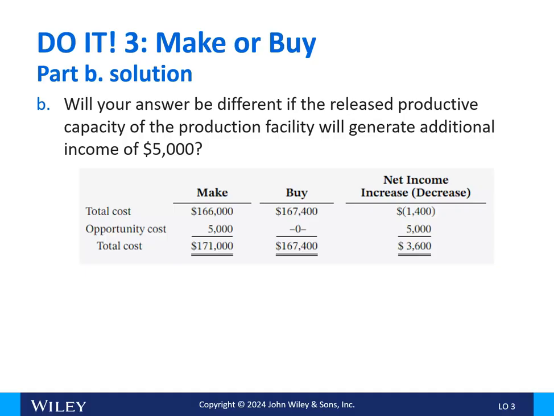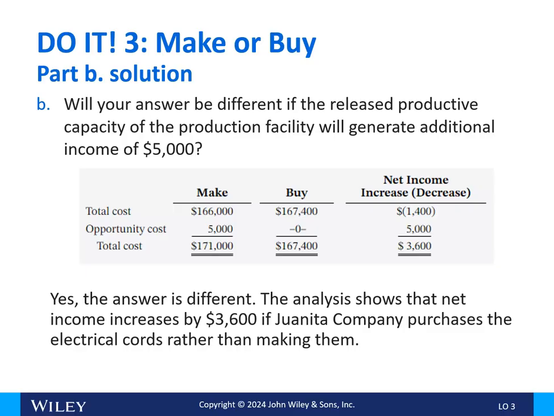Now we have an opportunity cost of $5,000 of income that we add to the make, because we're giving that up by continuing to make it. So that's $171,000 compared to the buy $167,400. So our net income increase is $3,600. So yes, the answer is different. The analysis shows that net income increases by that $3,600 if they purchase, so they should buy the components.